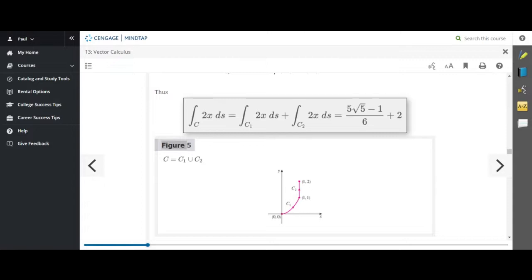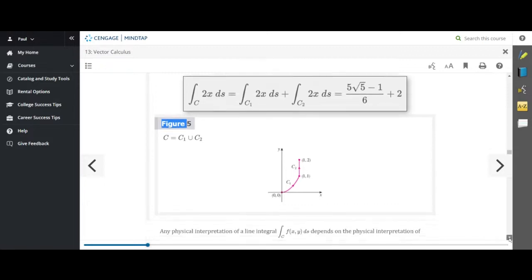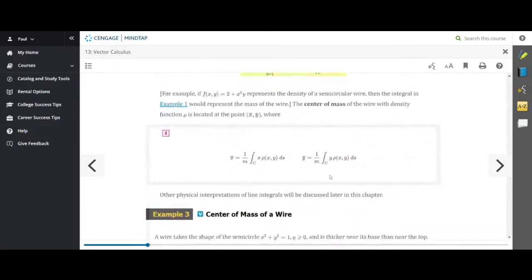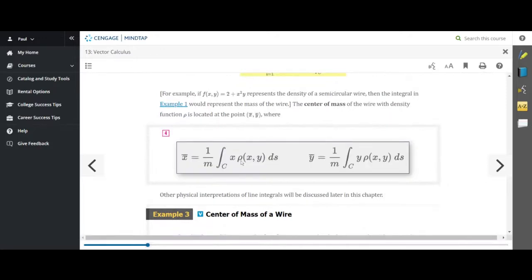And there are a lot of cool applications dealing with line integrals. For instance, my PhD is in mathematical statistics, I've had a lot of math, but the center of mass of a wire with density function rho is not something I've done in my math life.